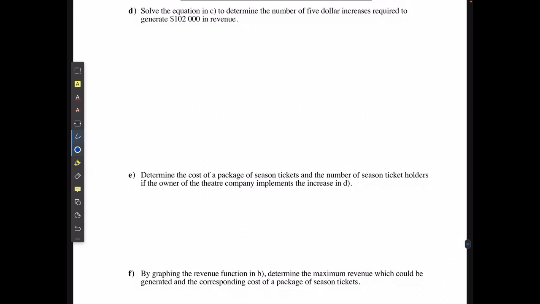If I have 102,000 equal to negative 100x squared plus 800x plus 100,800, I'm going to move everything to the left side of the equation in order to make x squared positive, and to combine the constants.